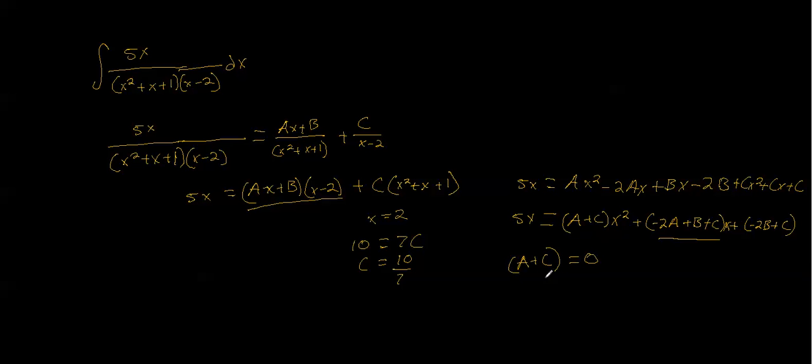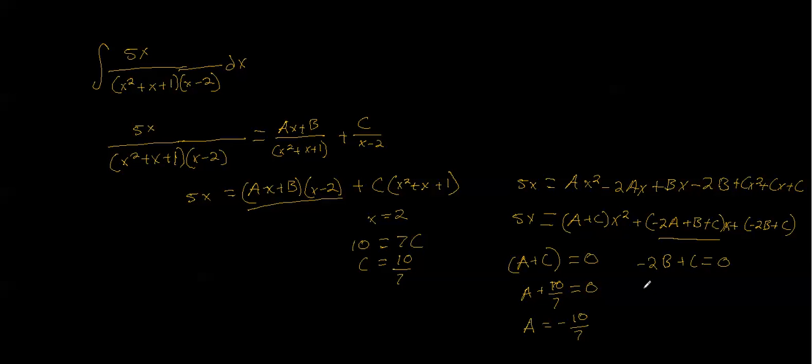So what we can do based on this knowledge is say a plus c equals 0. And since we know that c is 10/7, we can find a to be negative 10/7. And then similarly with this over here, we know that has to be equal to 0, so we set that also equal to 0, and we say negative 2b plus c equals 0.